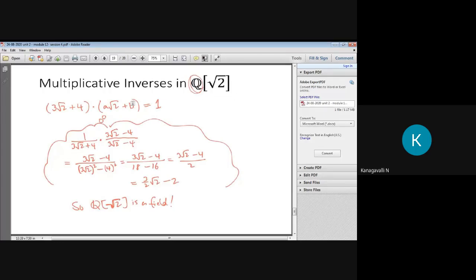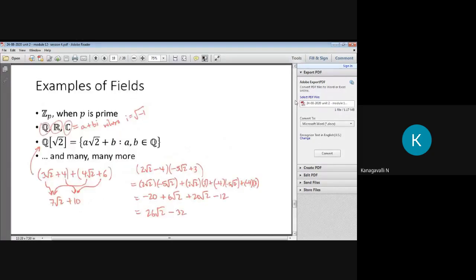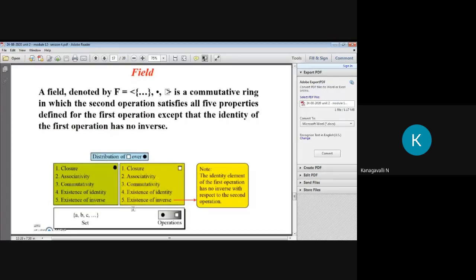Q root 2. So check here, 3 root 2 plus 4 into a root 2 plus b equal to 1. See, we are writing this by using our theorem, right? Existence of inverse: the identity element of the first operation has no inverse with respect to the second operation. Clearly, they have given the statement that there is no inverse in your first operation.